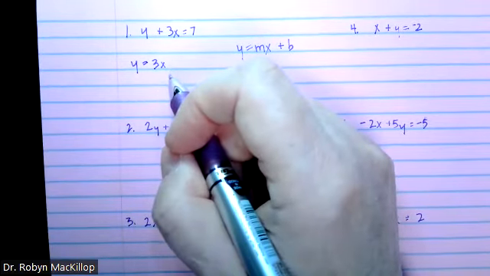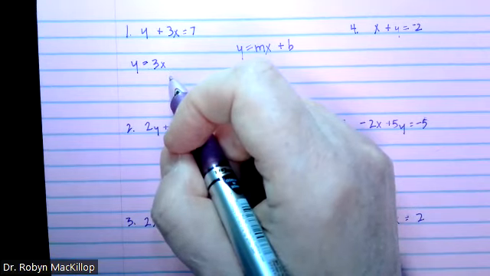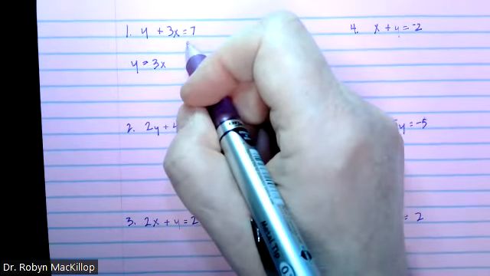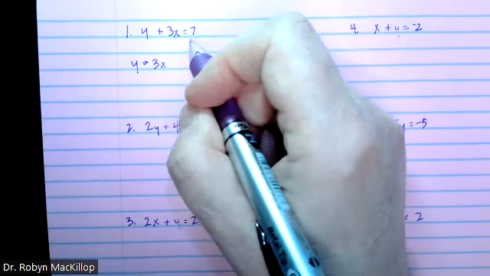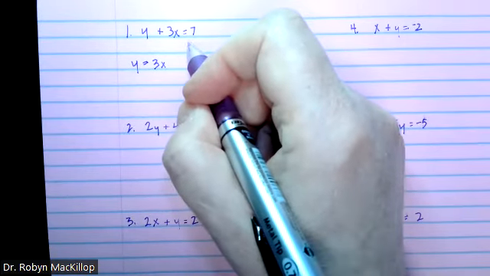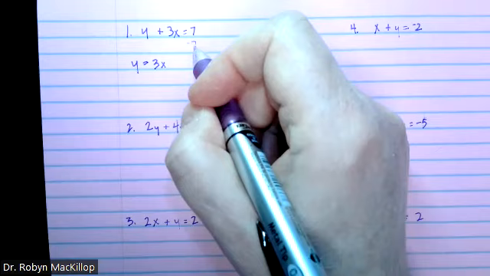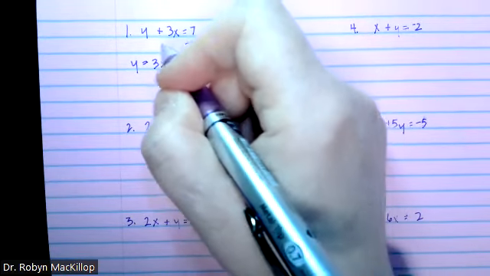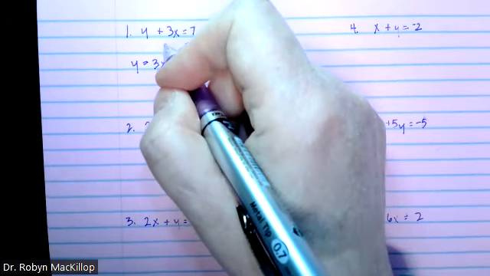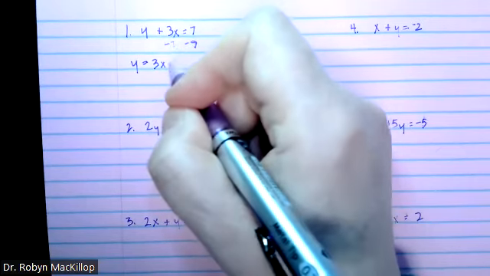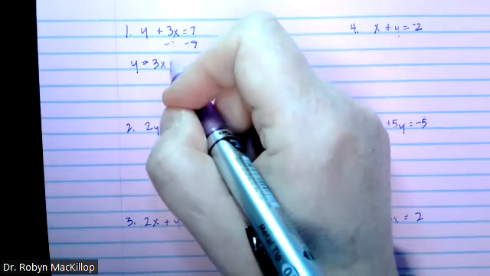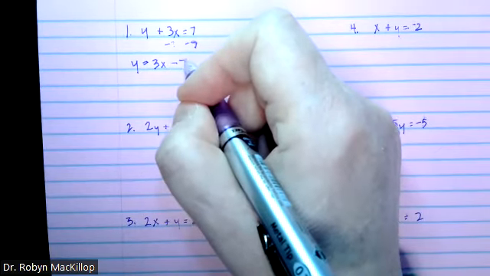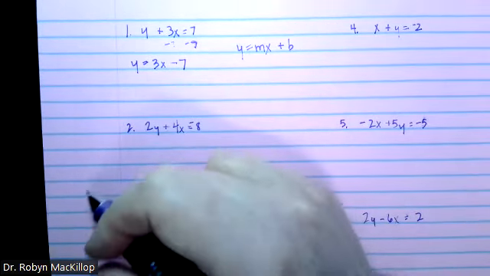It's the same idea. You steal from one side to give to the other. We're going to do the same thing over here. Because we already have an equal sign in the new one, we're going to take this 7 away from right here, and we're going to put it over on this side. So essentially we have y equals 3x minus 7.